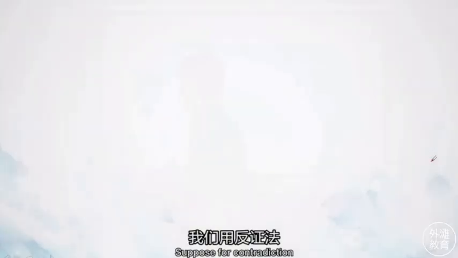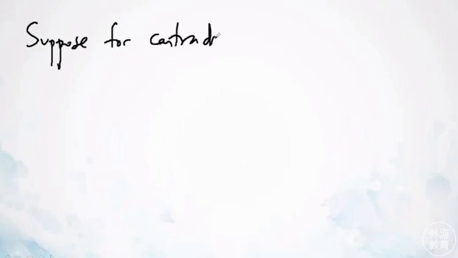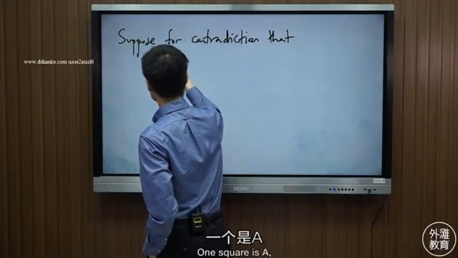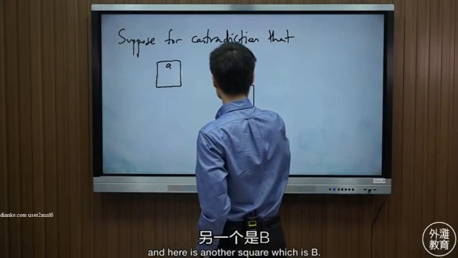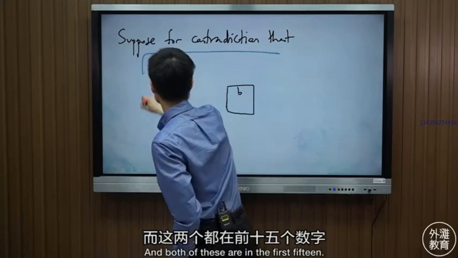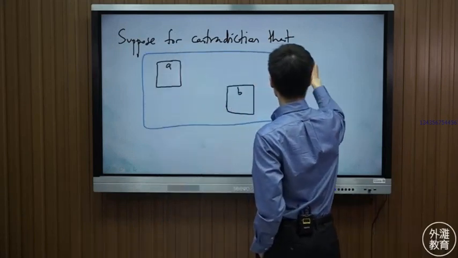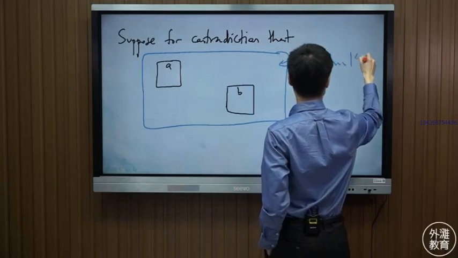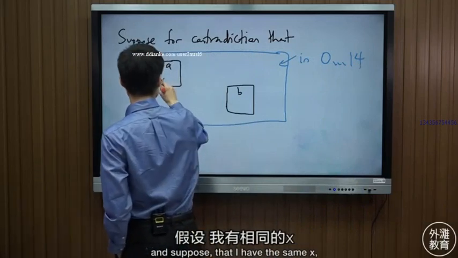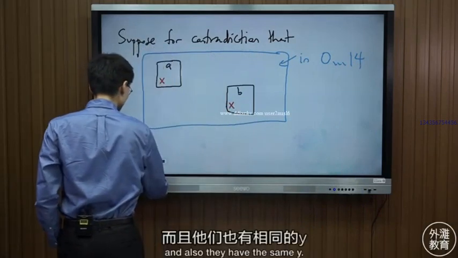Let's see. Suppose for contradiction that I have two squares in this table. One square is A, and here's another square, which is B. And both of these are in the first 15. And suppose that I have the same x, and also they have the same y.